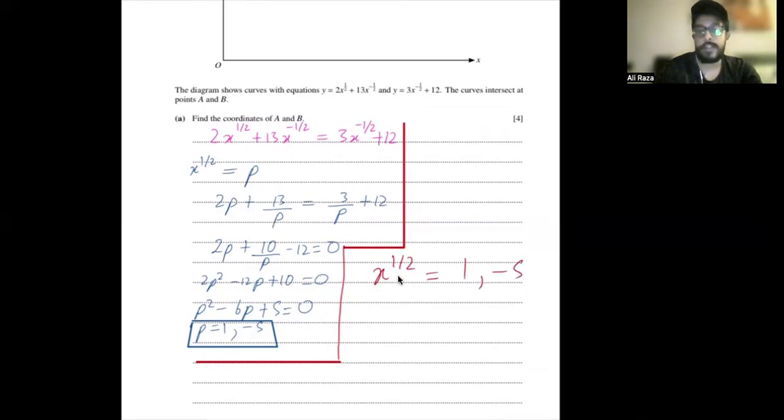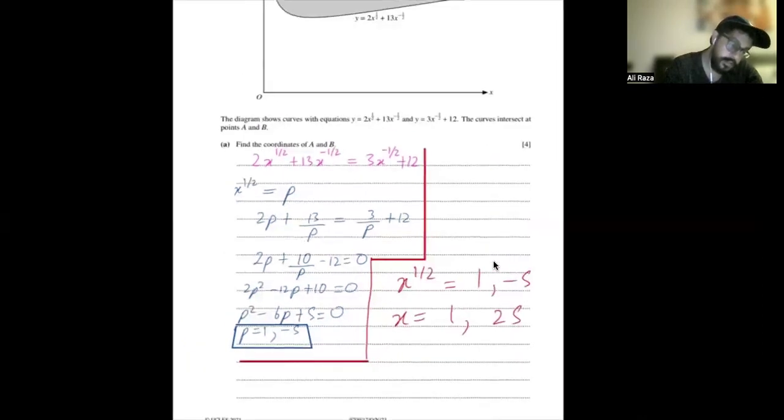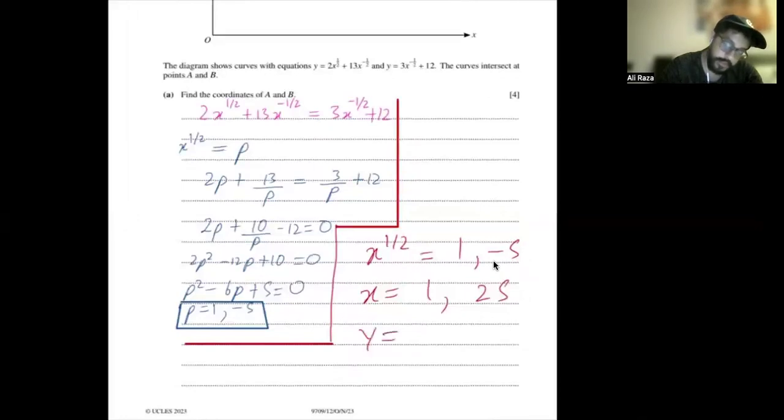So to find the value of x, we'll square both the sides. x is equal to 1 or 25. And subsequently, y would be equal to, we'll plug these back into either of these two equations. So when we plug in 1, we'll get 15 for y, and when we plug in 25, we'll get 12 whole 3 upon 5, which is 12.6.